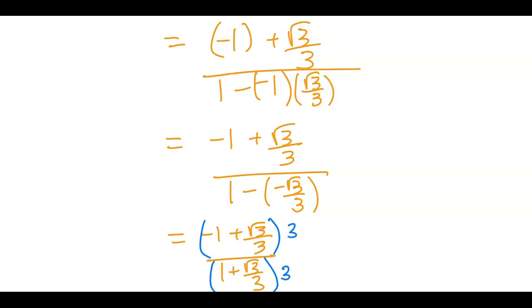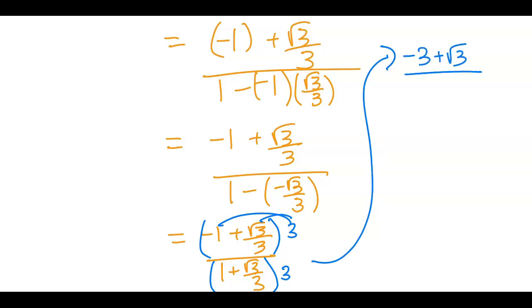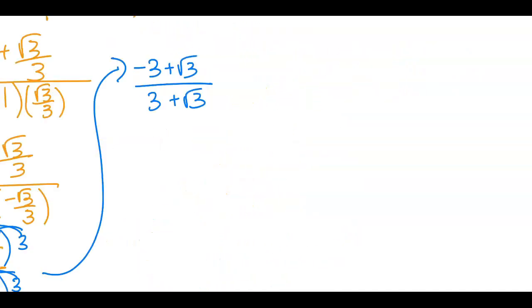That's going to eliminate that ugly fraction and make it something a little nicer. So we're going to rewrite this as, distributing here, negative 3 plus just the square root of 3, because by multiplying these two numbers, the 3's are going to cancel. And then in the denominator, we're going to distribute this 3 and make this 3 plus the square root of 3. Okay, this in blue is so much nicer to look at.